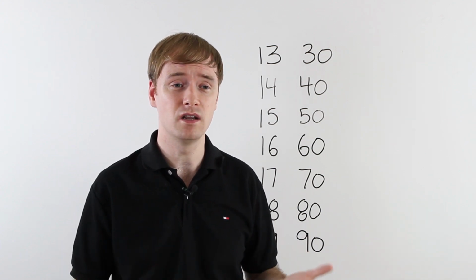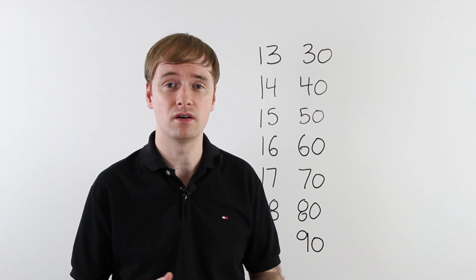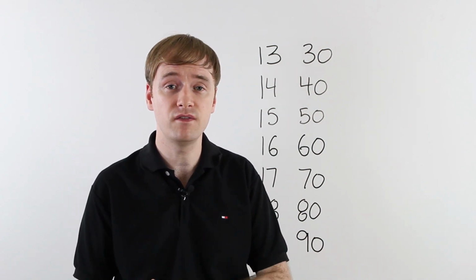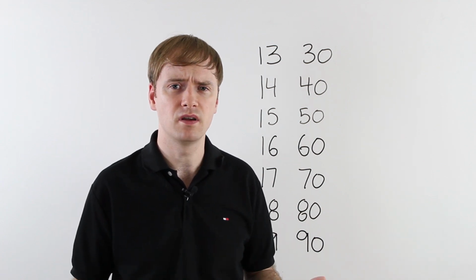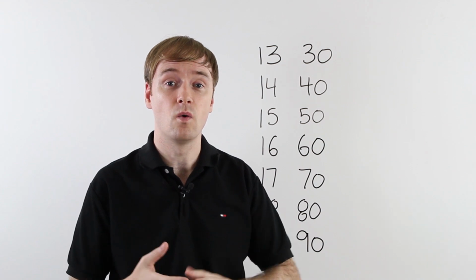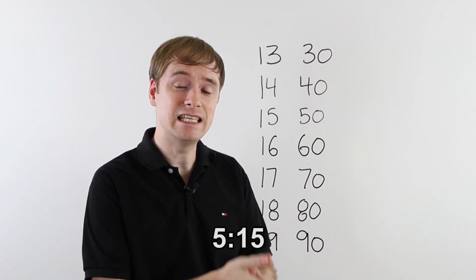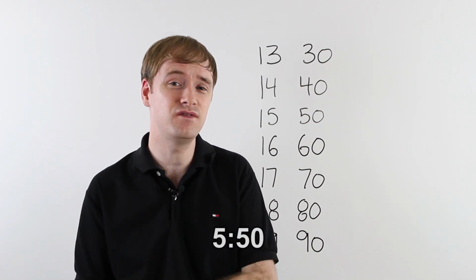Okay, so I waited and waited. She never came. And then the next time I saw her, I said to her, you know, why didn't you show up? I was waiting at 5:50. And she said, yeah, I was waiting there too, but you never came. And I was very confused. Well, it turns out that she said 5:15, but it sounded to me like 5:50.